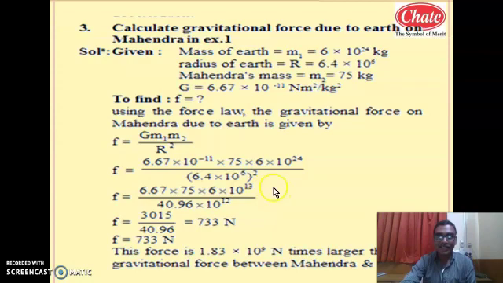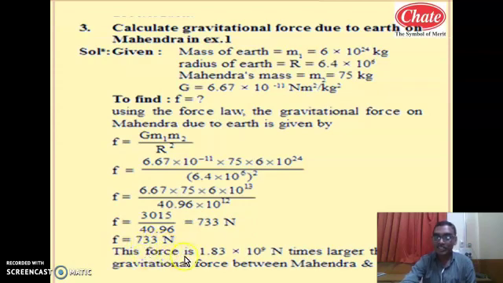So 13 minus 12 is 10 raised to 1. The calculation becomes 3015 divided by 40.96, which gives 733 Newton. So the force between Mahendra and Earth is 733 Newton.